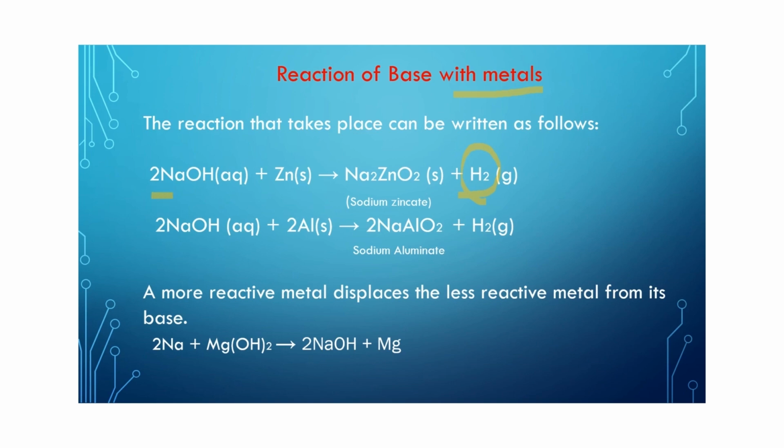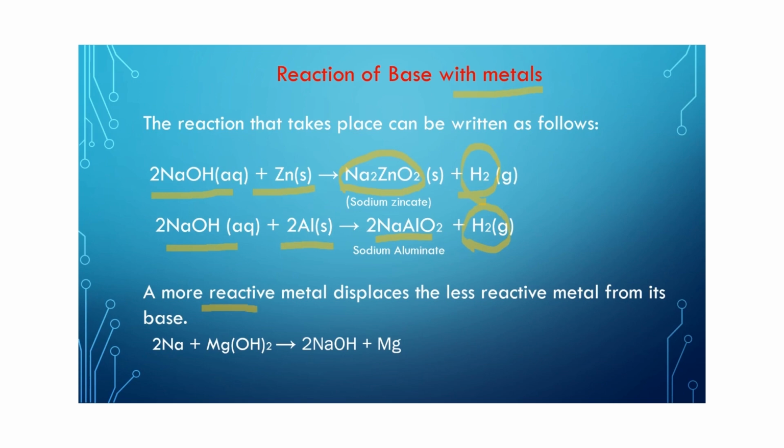For example, sodium hydroxide when it reacts with zinc forms a salt known as sodium zincate and hydrogen gas is liberated. Again, sodium hydroxide also reacts with aluminium to produce a salt, sodium aluminate, and hydrogen gas is evolved. This reaction doesn't take place with every metal.